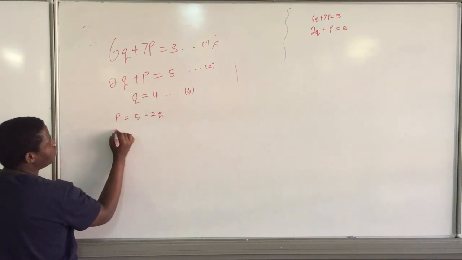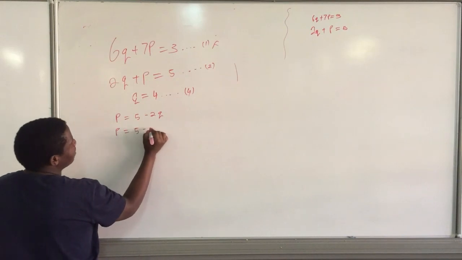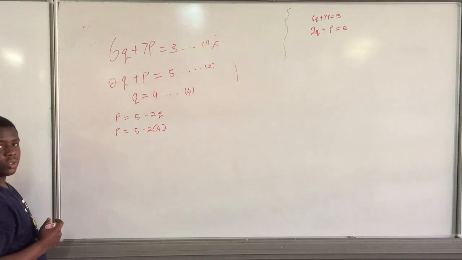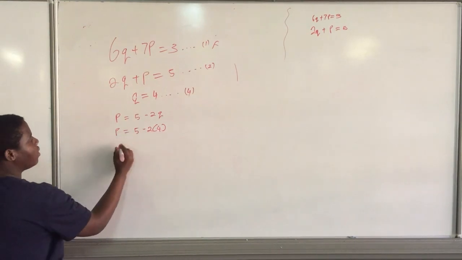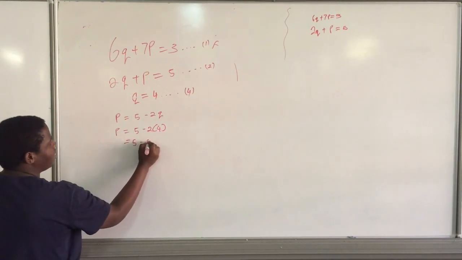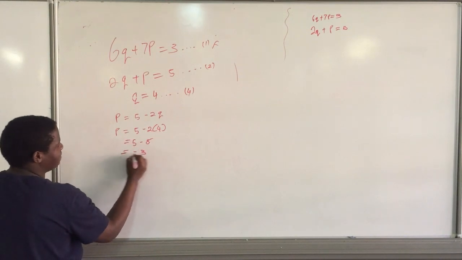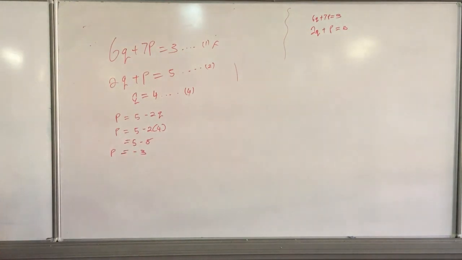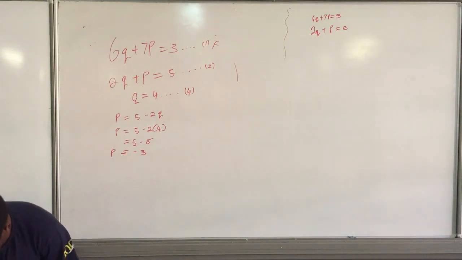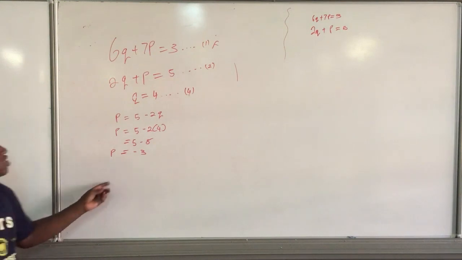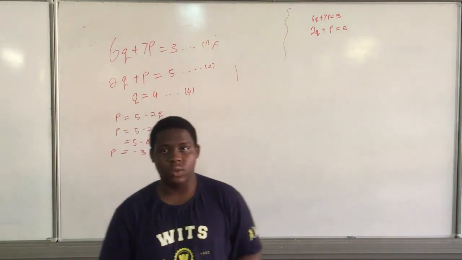Now we have our Q, so P equals 5 minus 2 times 4, and this will give us minus 8, and thus this will give us negative 3. So now we've solved this one, and we can see that our Q is 4 and our P is negative 3, and thus you've solved your simultaneous equation.